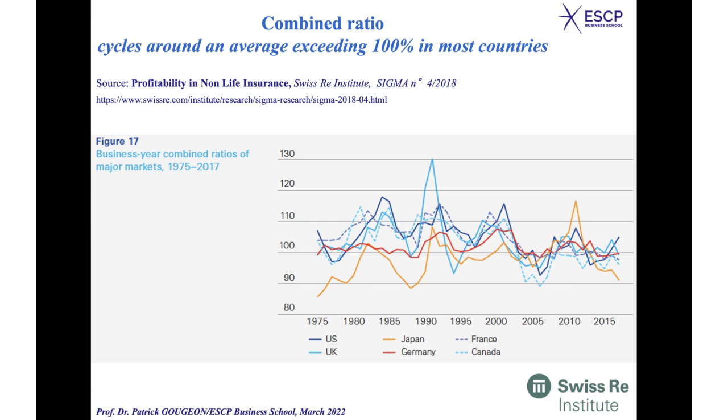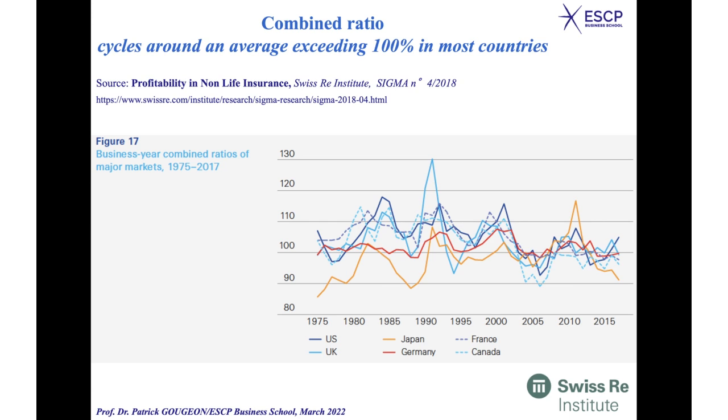So in periods when interest rates are very low and returns on assets are rather low, as is the case today, because unless you take risks you cannot expect a high return on your invested assets, in these circumstances you can imagine that the combined ratio will tend to decrease.